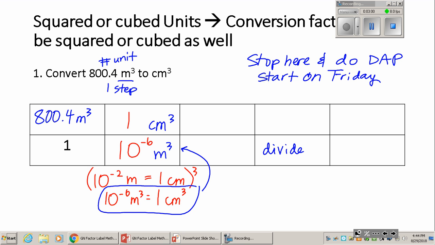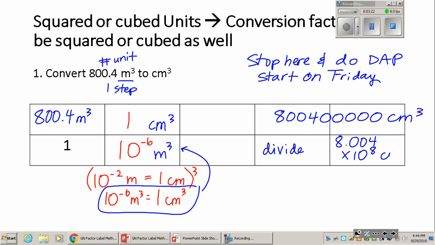That is going to give you a really long number when it comes out of your calculator. And if you think about how many zeros that is on there, it's probably easy to confuse that number of zeros when you're writing it out. So that's why I suggest the scientific notation approach, where that's 8.004 times 10 to the 8th power centimeters cubed.